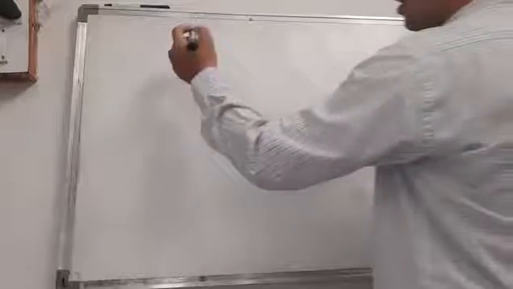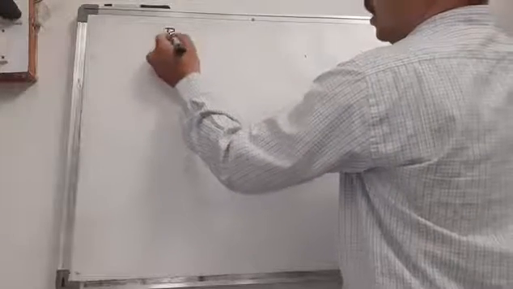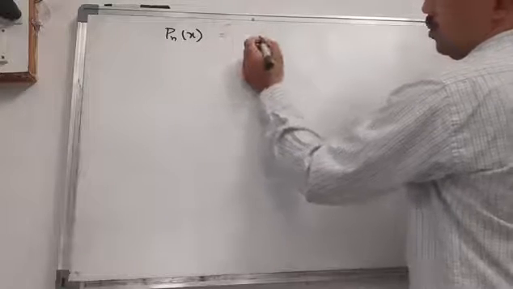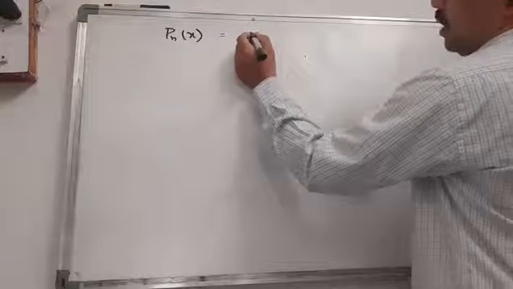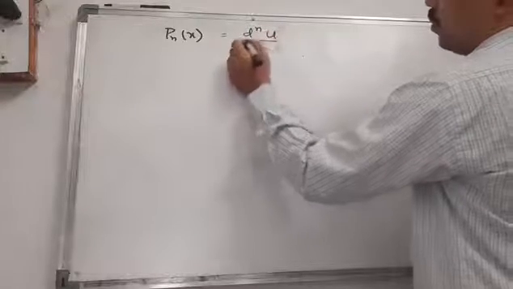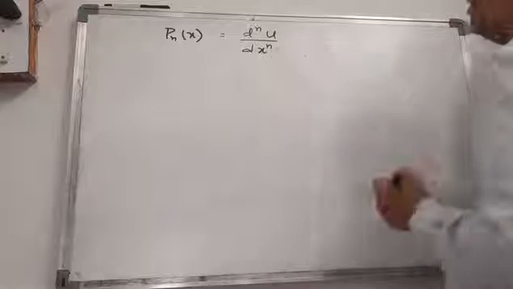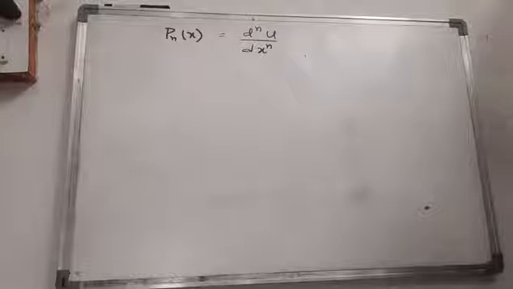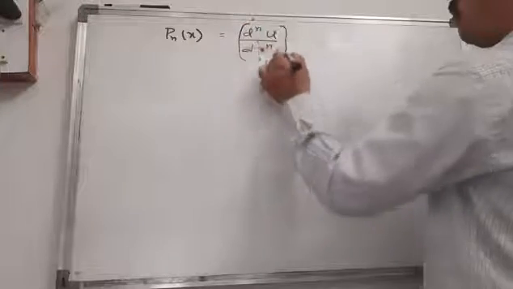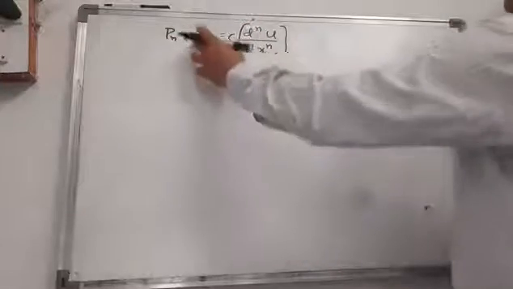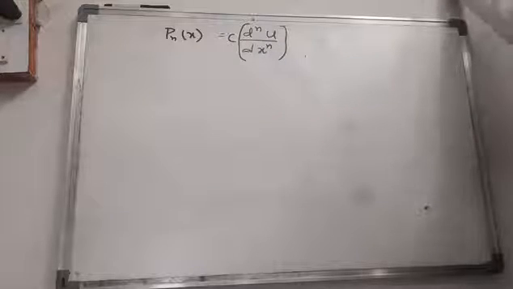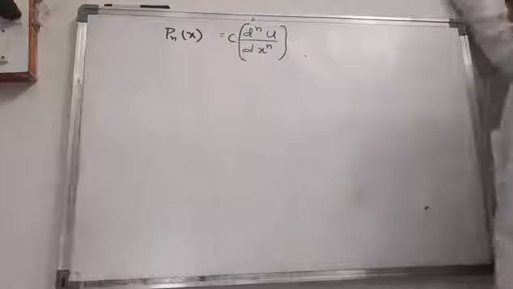So here we understood that Pn of x is the solution of Legendre equation, which is equal to the nth derivative of u by dx power n, into c. Pn of x is equal to c into the nth derivative of u. This is the solution for a Legendre equation.